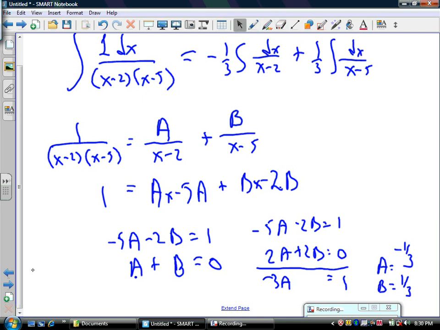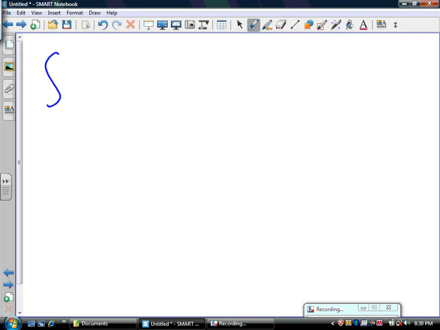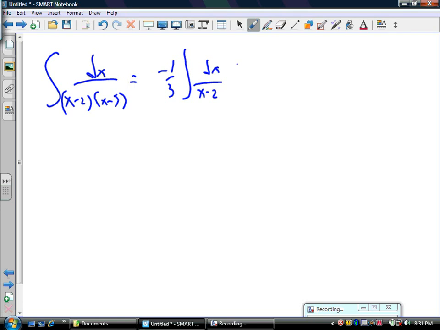Let's move this to the next page. So we got the integral of 1 over x minus 2 times x minus 5 dx is negative 1/3 the integral of 1 over x minus 2 dx plus 1/3 the integral of 1 over x minus 5 dx.